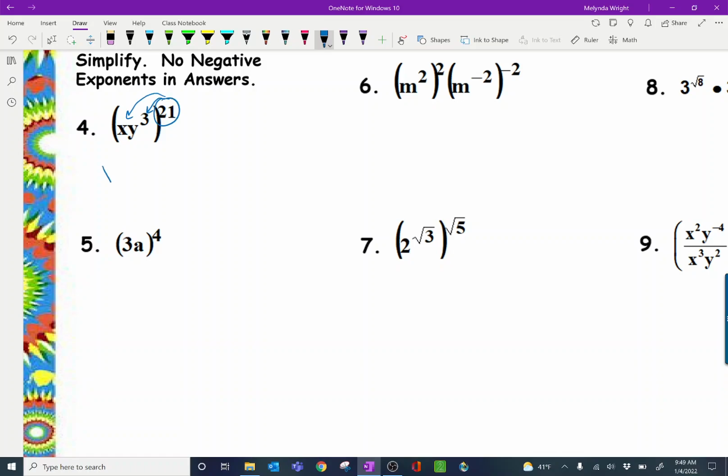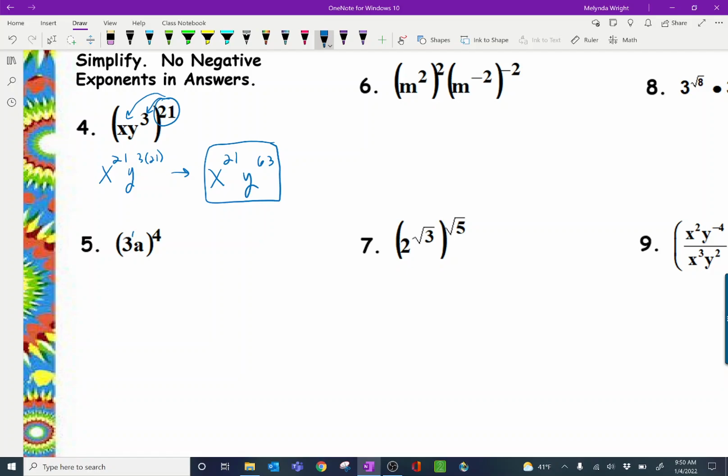So I get x to the 21st, because 1 times 21 is 21. And then y to the 3 times 21. So that gives me x to the 21st, y to the, let's see, 3 times 21 would be 63. And that's our example.